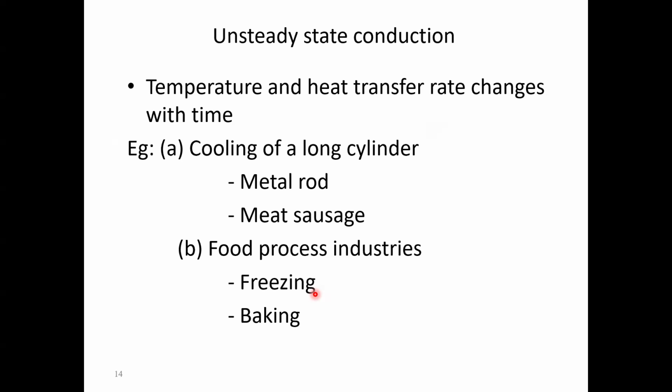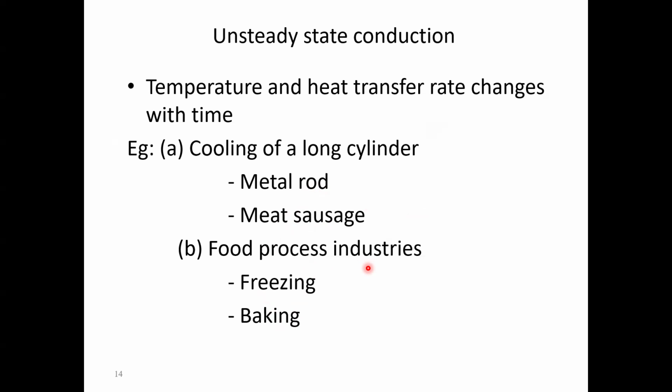Unsteady state heat conduction is important in some process industries as well. Some examples are shown over here. Say, for example, you want to cool a metal rod, or in food industries, meat sausage is being cooled, or you are freezing packages or baking. The temperature is changing with time in all these examples.